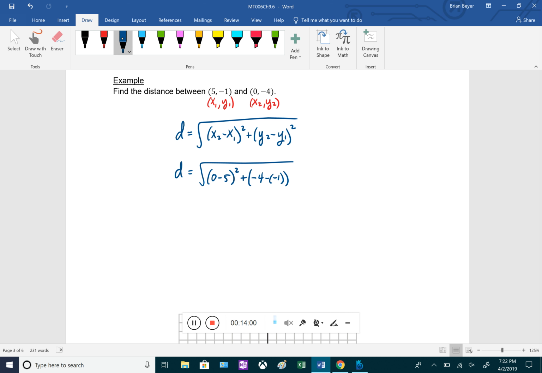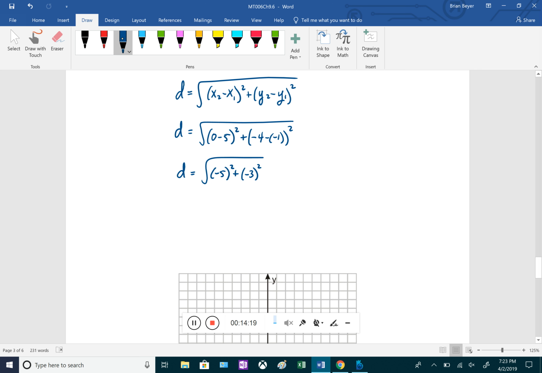So simplifying inside of here a little bit, we're going to get -5 squared plus -4 minus -1, that's -4 plus 1, that's -3 squared. And simplifying this, we're going to get 25 plus 9.